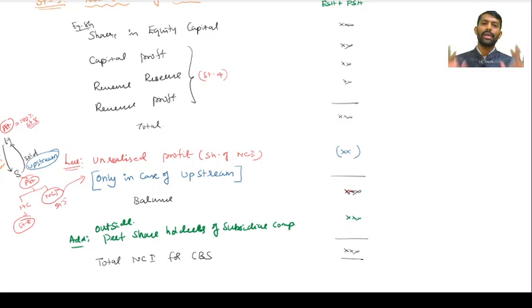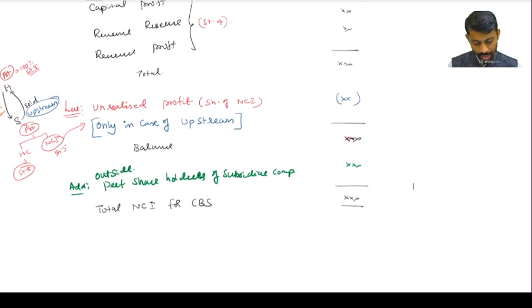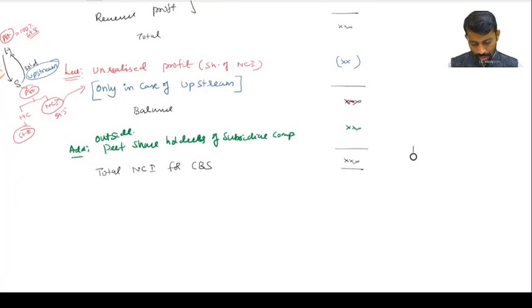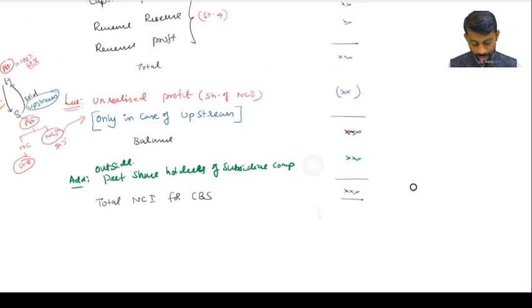It is nothing but share in capital plus share in reserves, capital profit, revenue reserve, and minus unrealized profit, which you get on the equity component. Then suppose if the company also had preference shares, then outside preference shareholders we have to add here. Got it? Yes, sir. So this is step number 5.